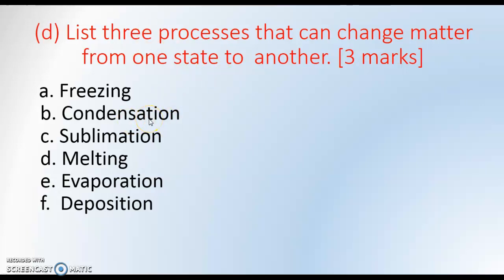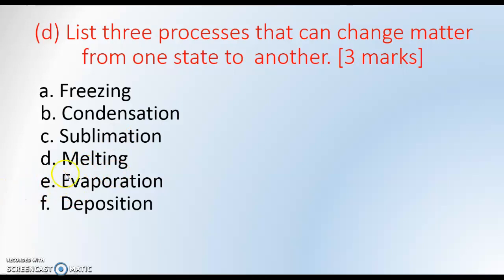Condensation is changing from gaseous state to liquid state. When vapor gets to the atmosphere, it's being converted back to rain and it falls back as liquid water. We have sublimation, changing something straight from the solid state into the gaseous state. Example is naphthalene or camphor or iodine. It will change straight from solid state to gaseous state.